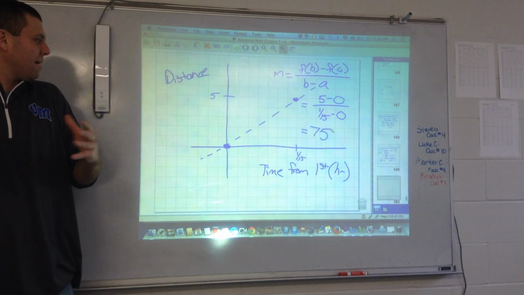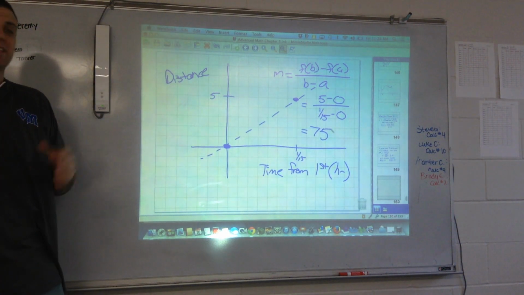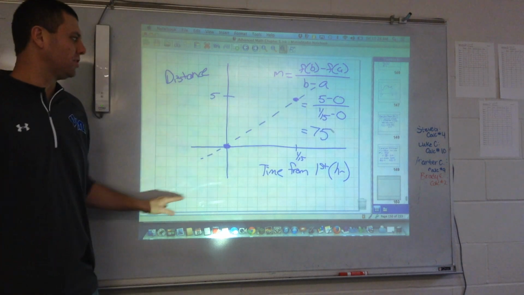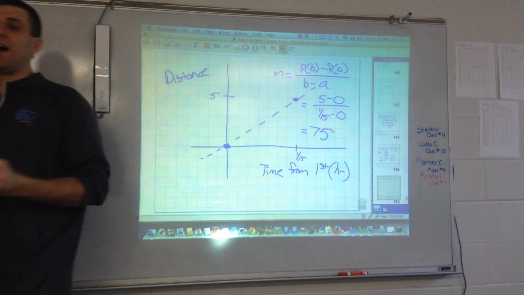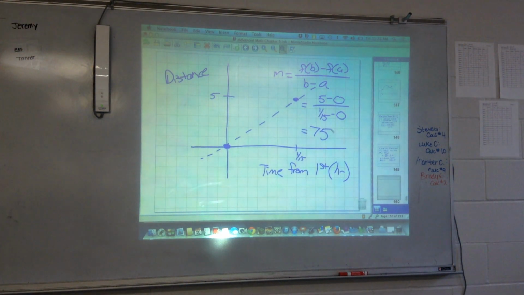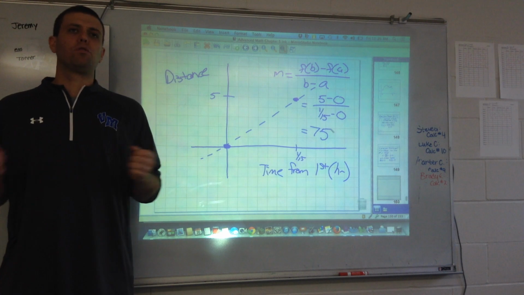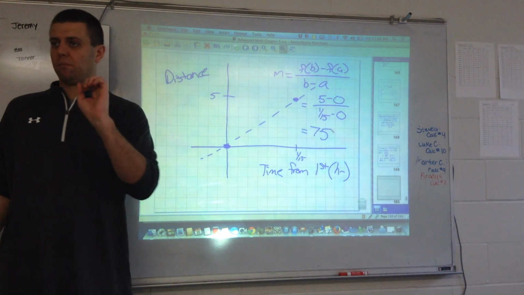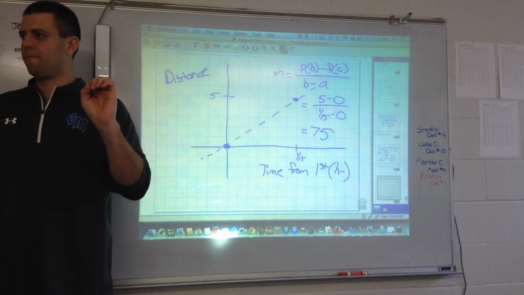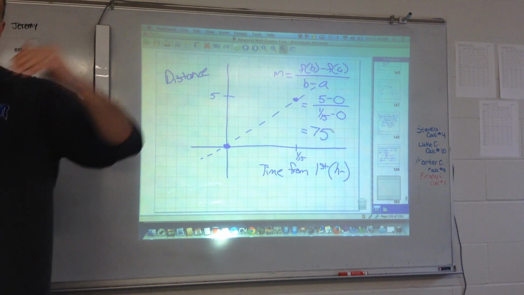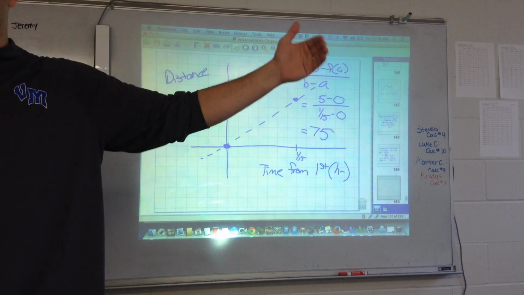Because of the amount of time it took for him to cover that distance, his average rate of change was 75. Therefore, by the mean value theorem, you know he had to at some point have been going 75 miles per hour. You couldn't really give him a ticket for more than that. There's no way to prove how fast he was going at a given moment in time.